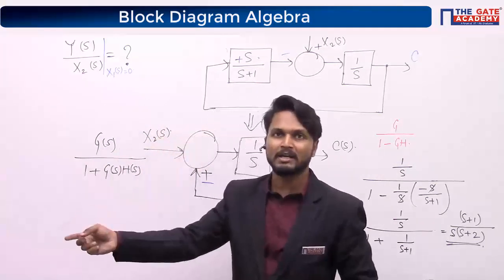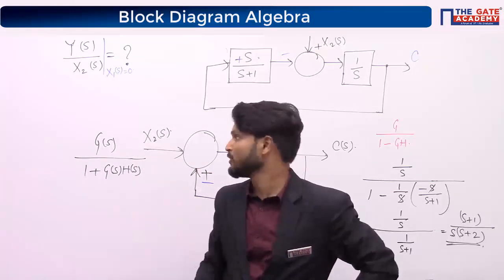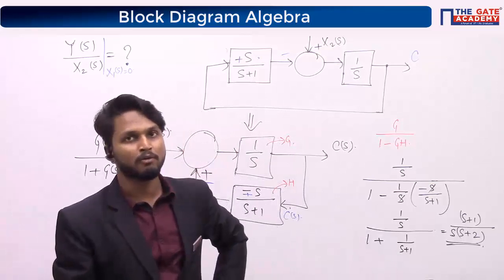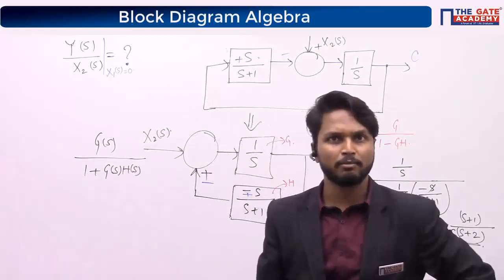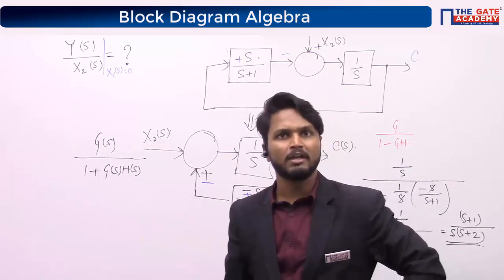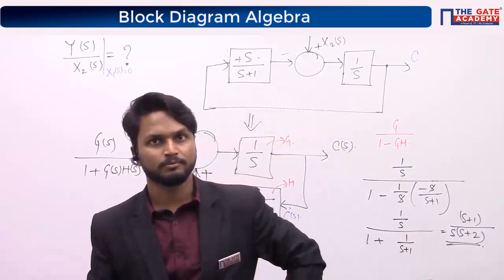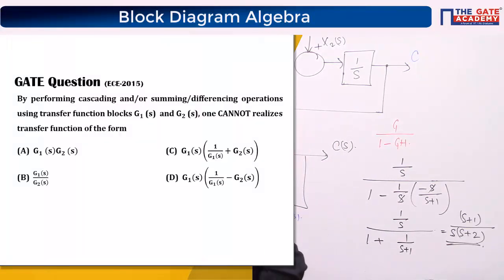Whenever I ask what is the overall transfer function of a closed loop system, you should say g of s by 1 plus g of s h of s. If the overall transfer function would have been asked, then we will add the results for x1 of s equal to 0 and x2 of s equal to 0.